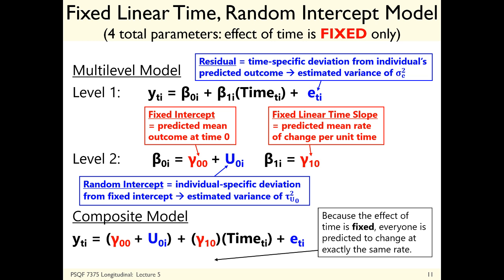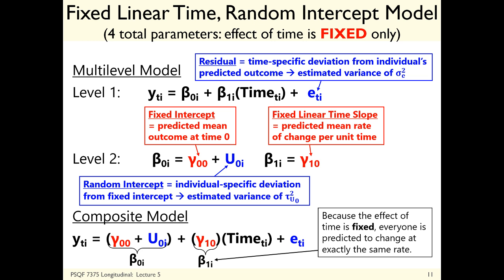Everybody shares the same slope. Everybody grows the same. In adding that fixed effect of time, you can see it more clearly with the bottom composite equation, where you take out the beta placeholders. That fixed effect of time explains variability. So this is a really important distinction in terms of model building: when you're adding terms, what they're for.